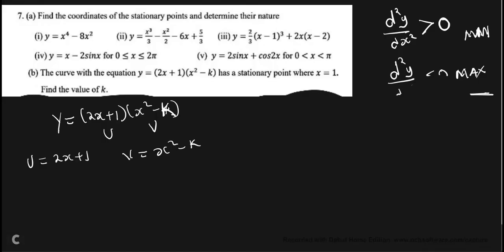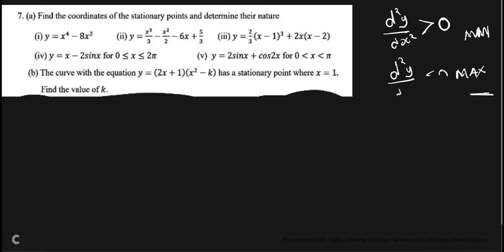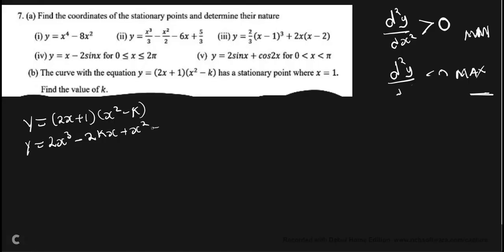Let's simplify things rather than going too much into that. We can just expand it, then differentiate. So y equals 2x cubed plus 2kx plus x squared minus k. Now you have the right equation.